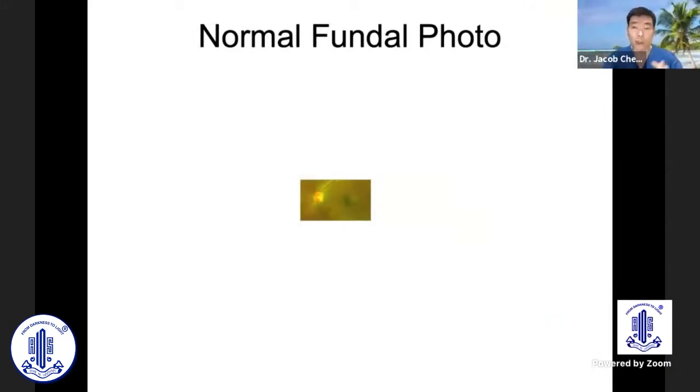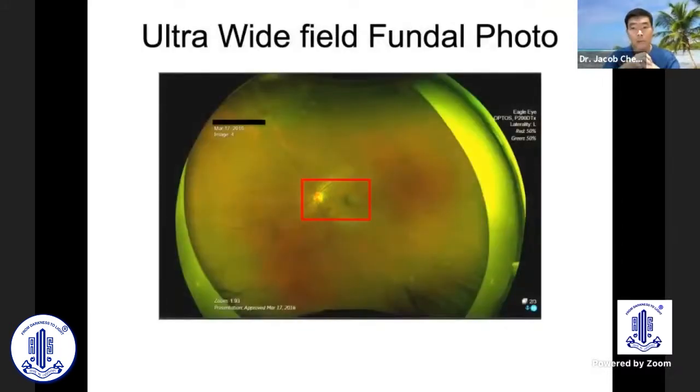Studies have also shown that even compared with the 7 subfield ETDRS, ultra-wide field can give up to 3 times more than that of the 7 subfield ETDRS. In other words, compared to a normal fundus photograph, ultra-wide field may be able to give up to 20 times more.